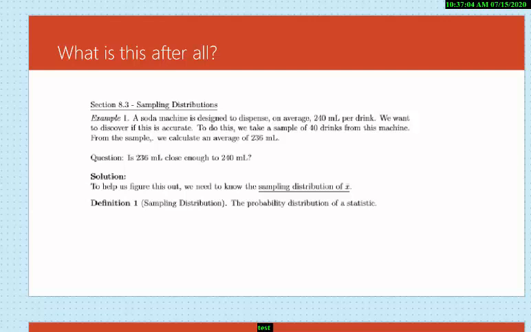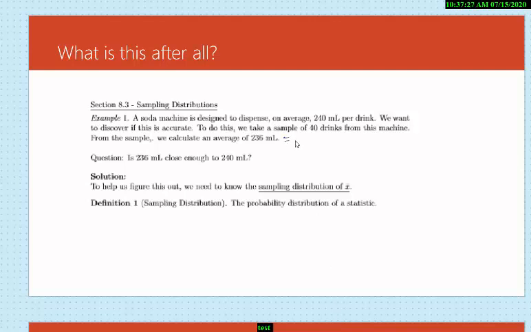So there will be a range of volume for the drink dispensed by this machine. The average for the specific sample, that is a big sample, 40 drinks, is 236. So this 236 is nothing else, if you think about it, than your X bar in this case.